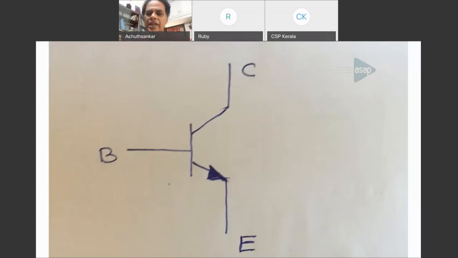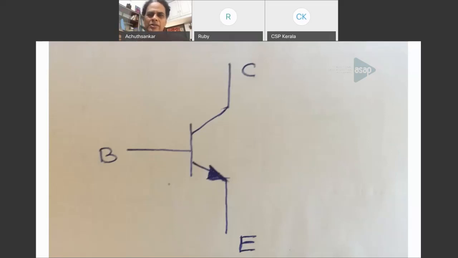If there is sufficient current in the base, then the resistance between collector and the emitter becomes zero. Or you can say, use another word, if there is no connection to the base, then collector to emitter is open circuit. If there is sufficient current in the base, then collector to emitter becomes short circuit, zero resistance.